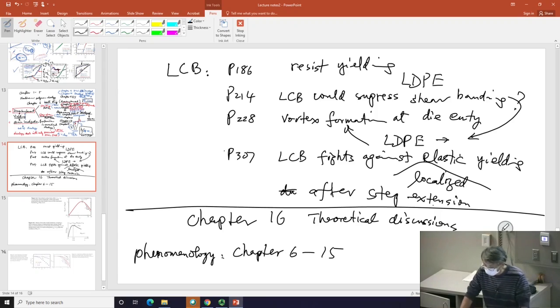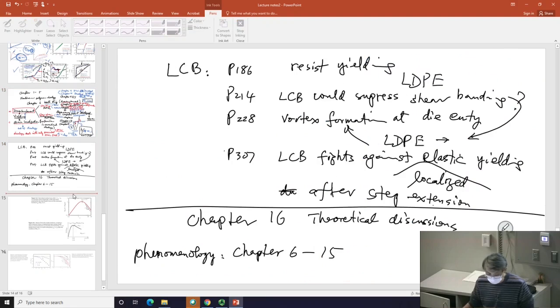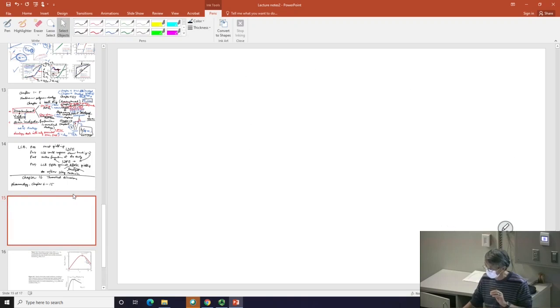So I will begin, as we should, by a slightly more quantitative and careful discussion about the tube model, so that we can see how it's built and whether it is inherently able to describe what we observed.